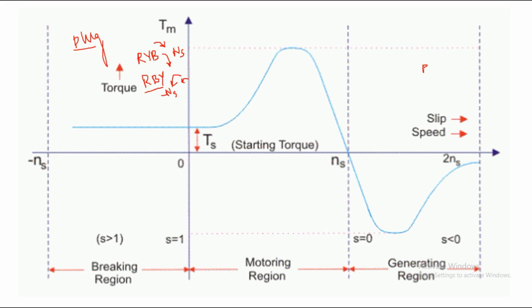But for the generating operation, we require flux creation inside the machine, and for flux creation we require reactive power, and we call that reactive power supply an excitation.